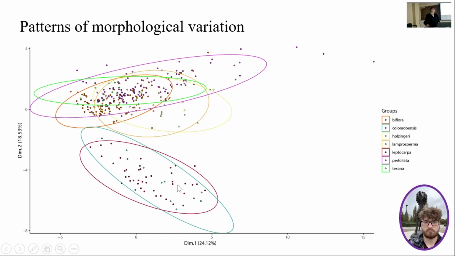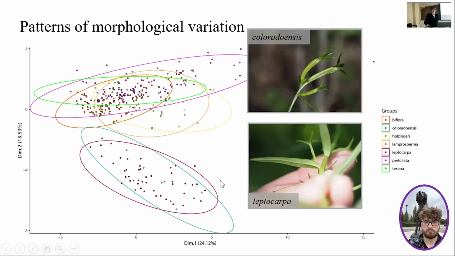So at the bottom, we have Coloradoensis and Leptocarpa, which, as you can see here, are very similar morphologically. They're very slender and linear, both in this seed capsule here and the leaves. So I would hope that the individuals we measured did overlap like this.